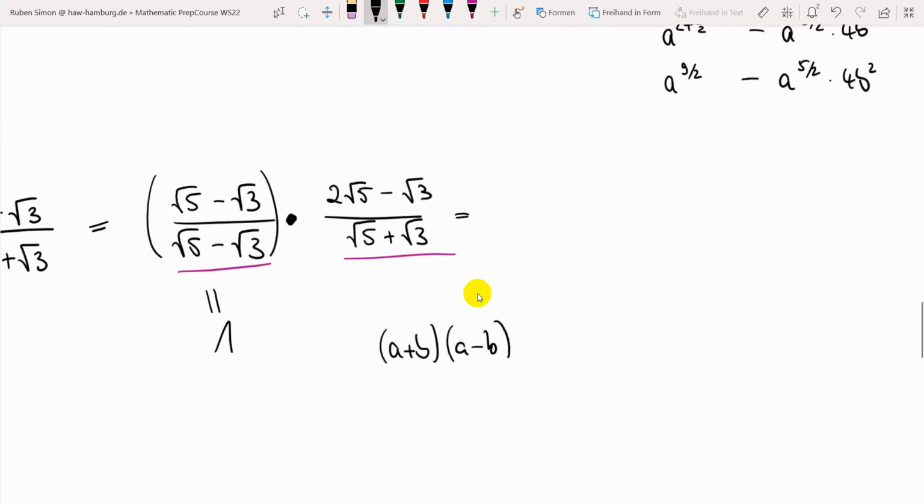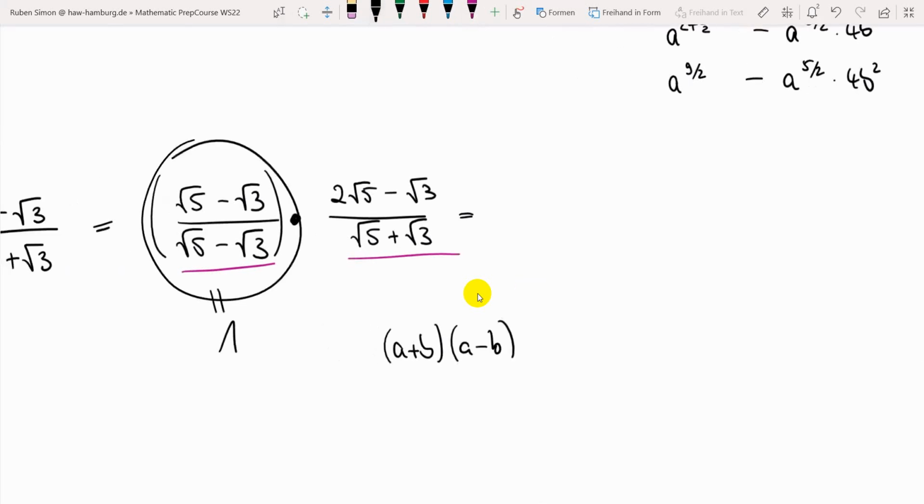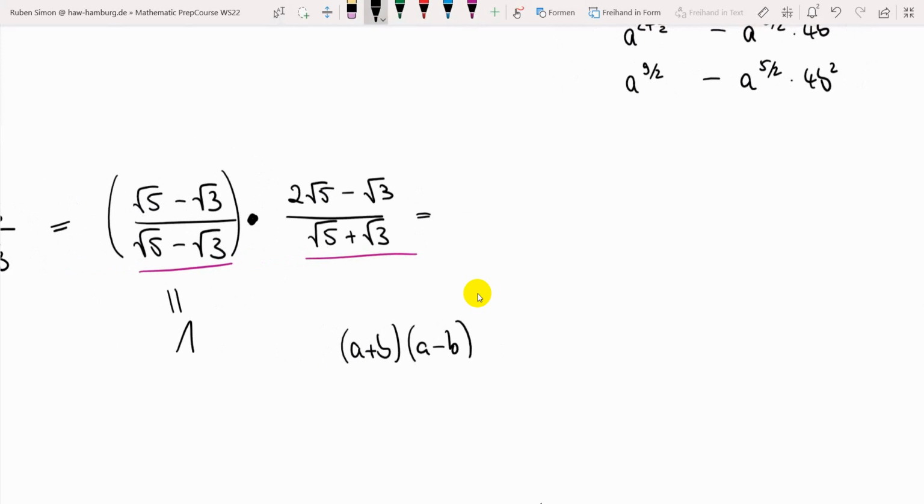So we added this fraction term for a special purpose because we wanted the denominator to look like this. That's why we put this term as a factor in the front. And if we apply this rule, we will end up with the following in the denominator. So the rule is a squared minus b squared.